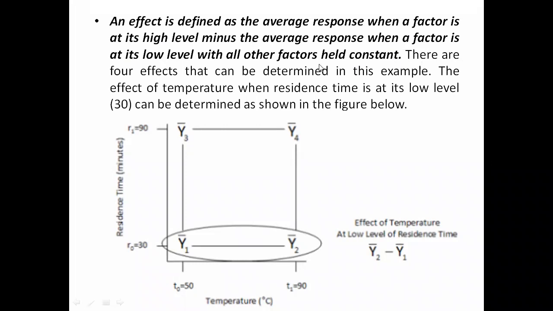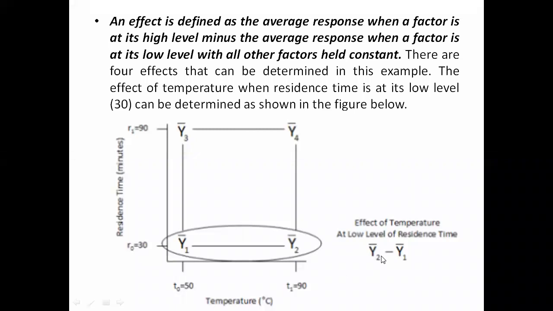So there are four effects that can be determined in this example. The effect of temperature when residence time is at its low level, that is 30 minutes here, can be determined as shown in the figure below.